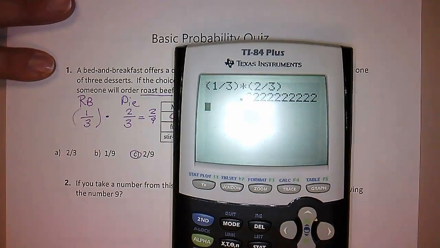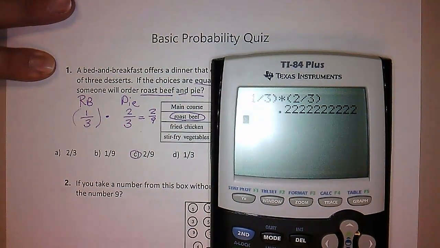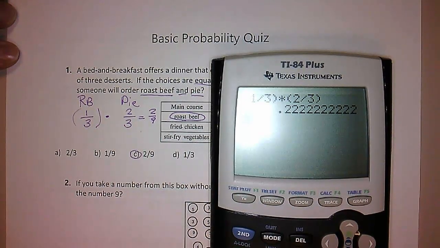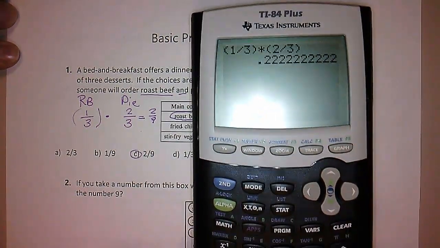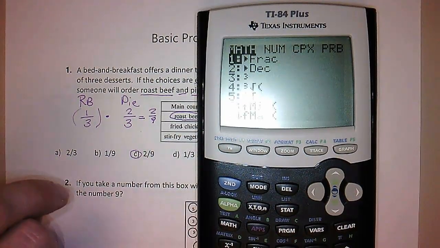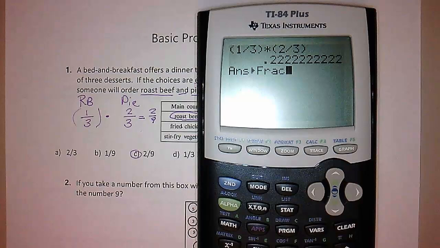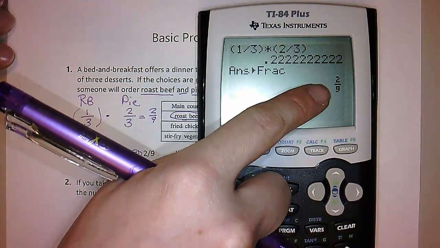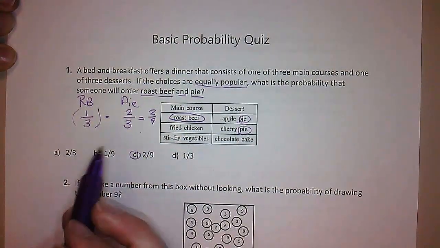Now 0.222 repeating is not an answer choice because my answer choices are all fractions, but I do want you to jot this down, that if you get a decimal and you go to the math button right here and you hit enter twice, so enter, enter, it will convert any decimal into a fraction. And so that way you can get your answer choice the way that they're presented here.